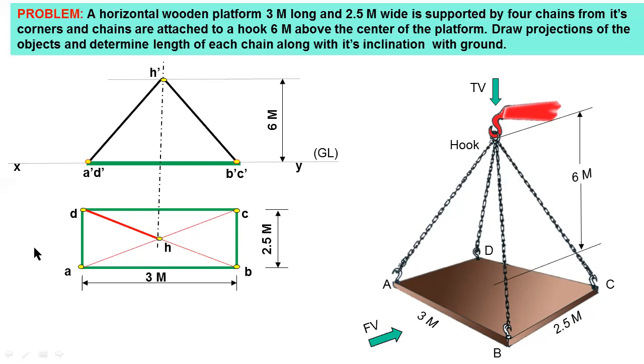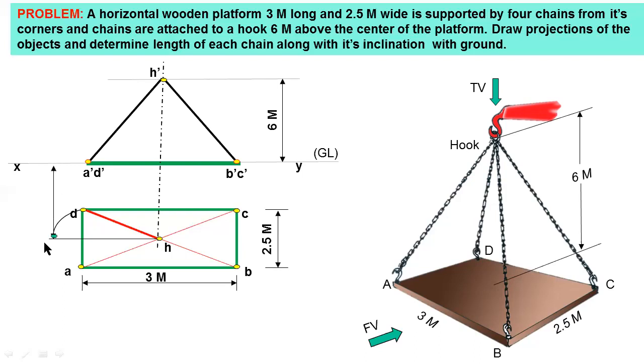For that purpose, consider a horizontal line like this. Then take a compass, and consider H as center and radius equal to DH. Draw an arc in the anti-clockwise direction.